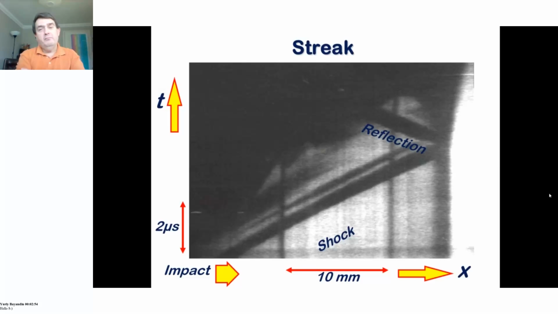That wave reaches the rear of the target about halfway up the image, and there is a reflection occurring. Now, behind that shock, over a time period of a couple of microseconds or so, you can see other waves developing in the system. Other processes are happening in the system.